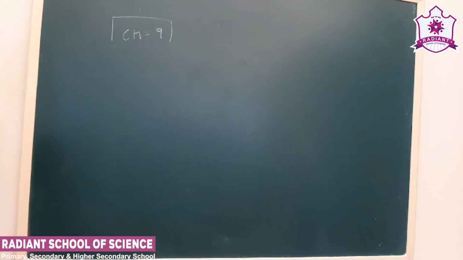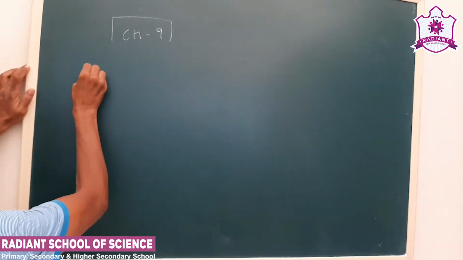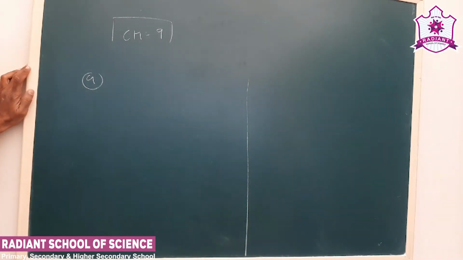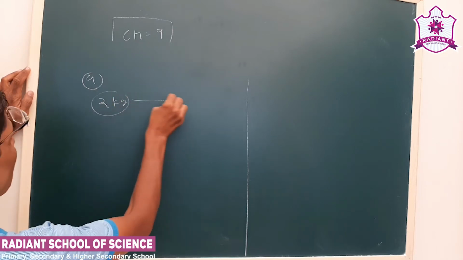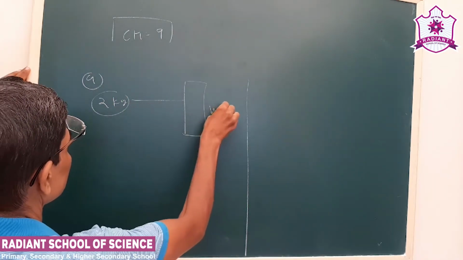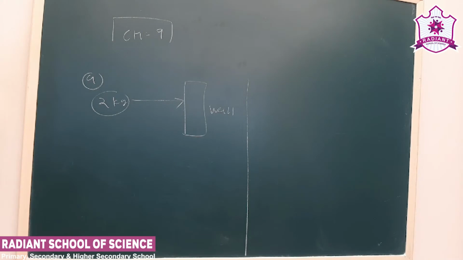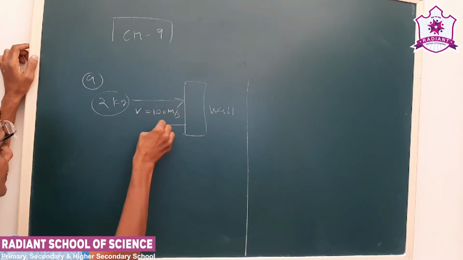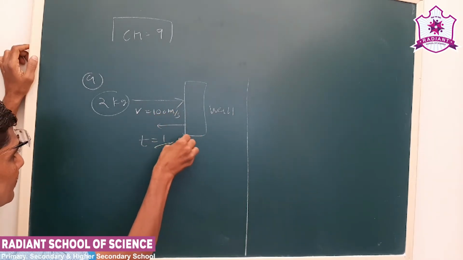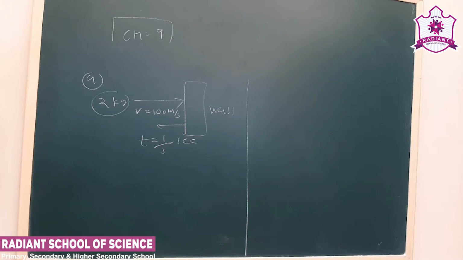Now, see, a mass of 2 kg collides with a wall with a speed of... see, the time interval is 1/5 second, and it rebounds with the same speed.